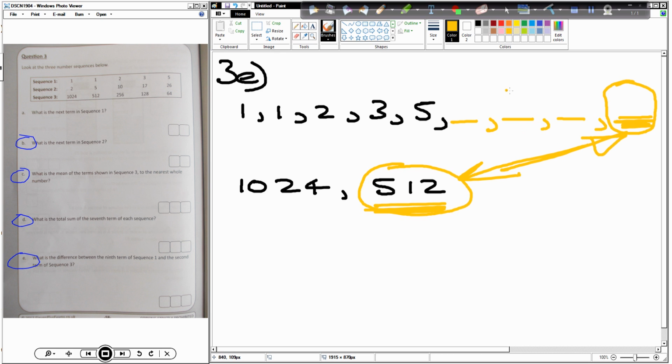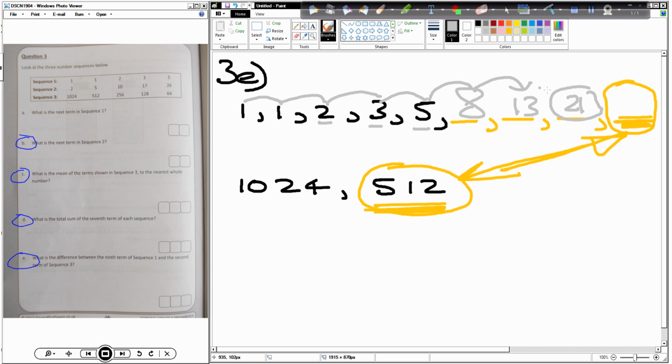Okay, so what did we say here before? We said that 1 add 1 is 2. 1 add 2 is 3. 2 add 3 is 5, 3 add 5 is 8. And then 5 add 8 is 13. And 8 add 13 is 21.